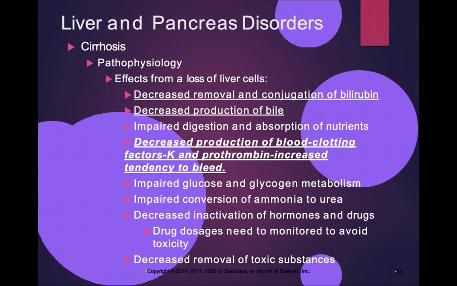Increased glucose and glycogen metabolism, impaired conversion of ammonia to urea, decreased inactivation of hormones and drugs, so that drugs need to be monitored to avoid toxicity, and decreased removal of toxic substances, right? This is like having healthy fish in healthy water.